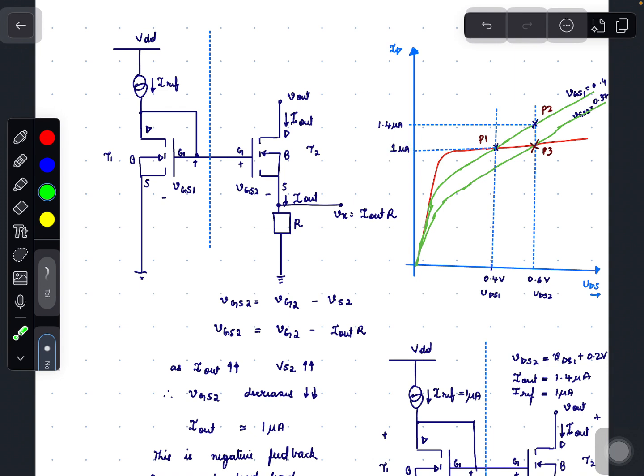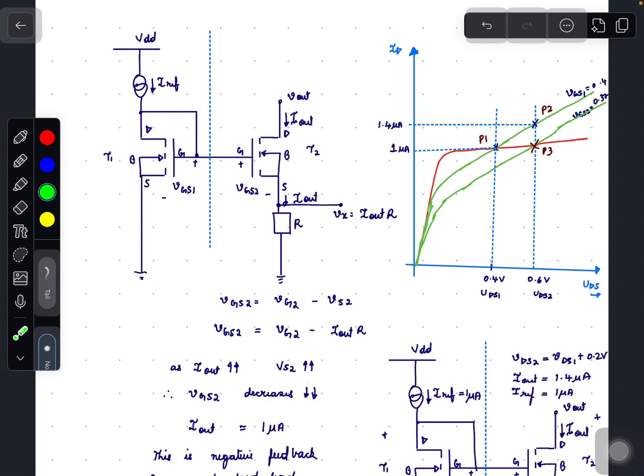To overcome this issue, a resistor is placed at the source of T2. So when the current has increased to 1.4 microamps, the voltage across the resistor has also increased. So the source voltage has increased. Since source voltage has increased, the gate to source voltage of T2 decreases.